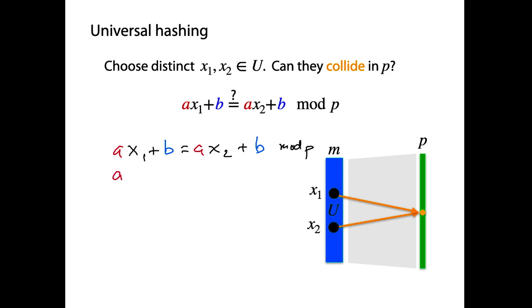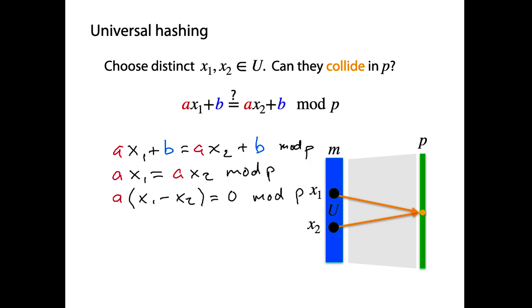So I'll have a x sub 1 equals a x sub 2, still mod p. And then let me gather everything on the left-hand side now. So let me say a times x sub 1 minus x sub 2 equals 0 mod p.